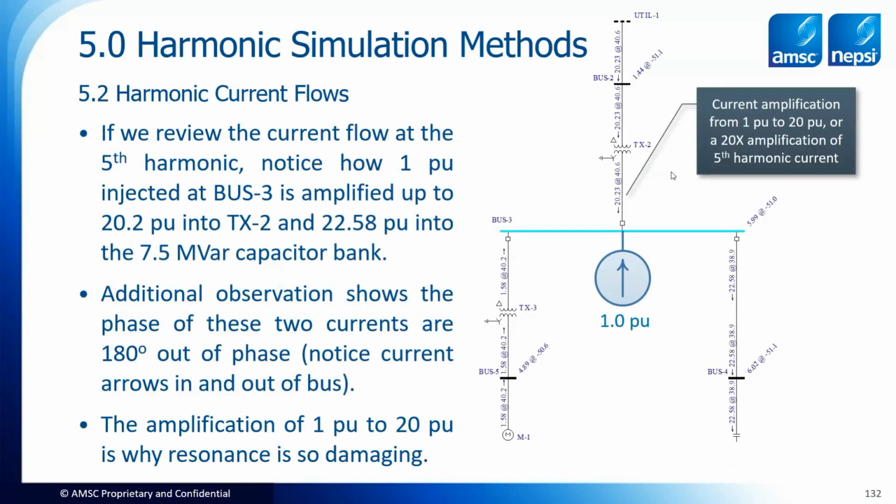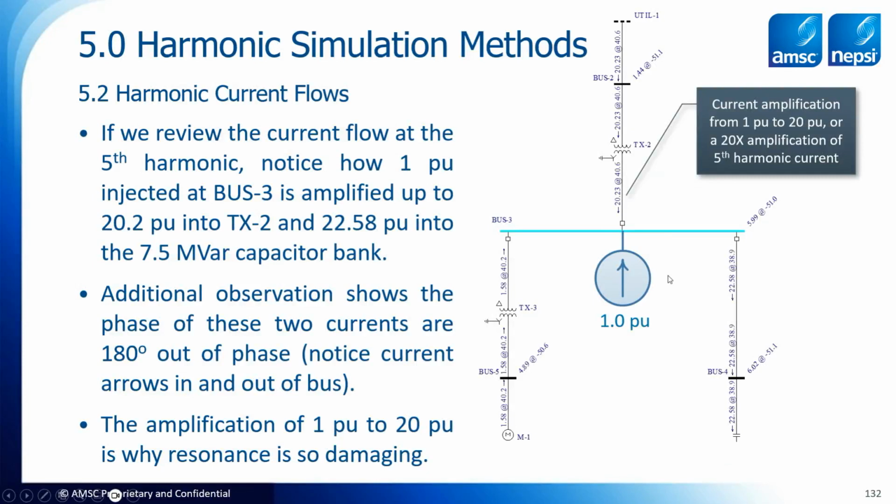And at the 5th harmonic, 1 per unit current ends up producing 20 times the amount of current flowing through the transformer, and 22 to 23 times the current flowing into the capacitor bank, and a small amount involved with the motor. So if you were to add all of these currents up at this node, they will equal 0. Norton's current law will be met at this bus.